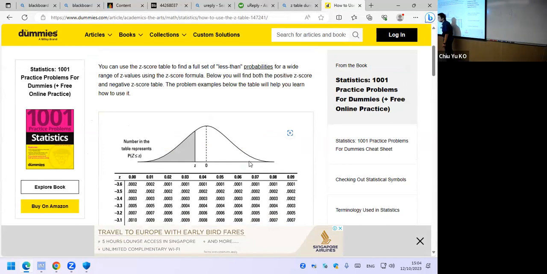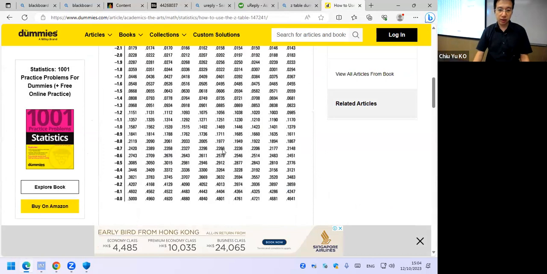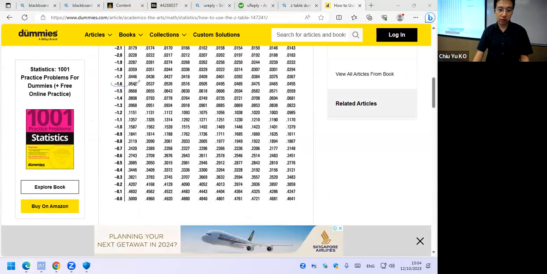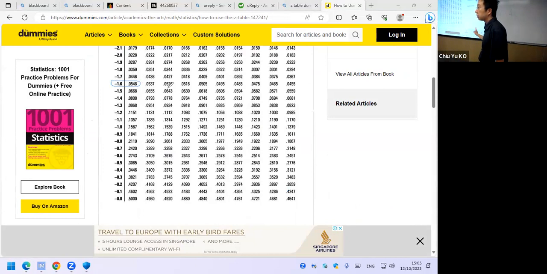Let's go down, right? 1.6 will be this number. 1.6 is here. Is that clear? Or you can go to my slide, which is essentially the same thing.